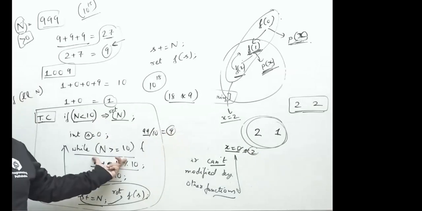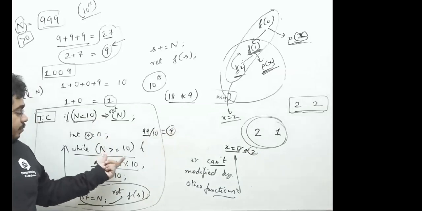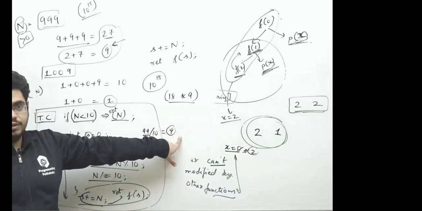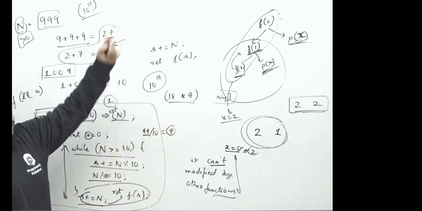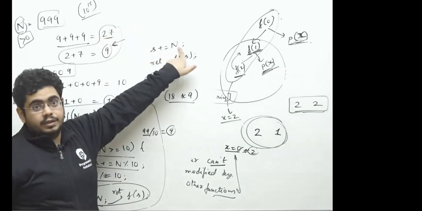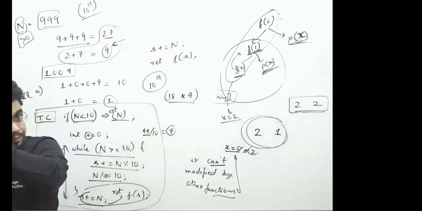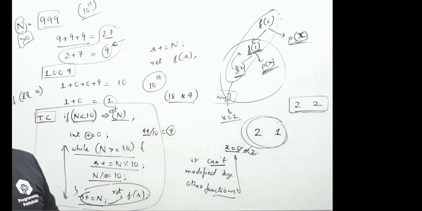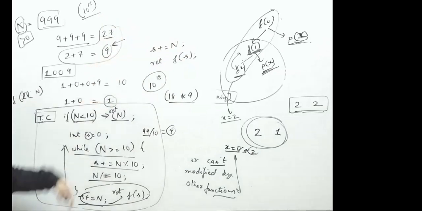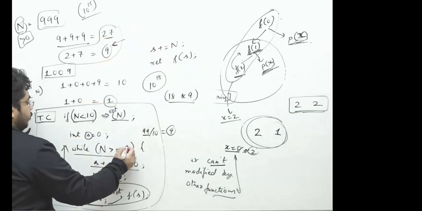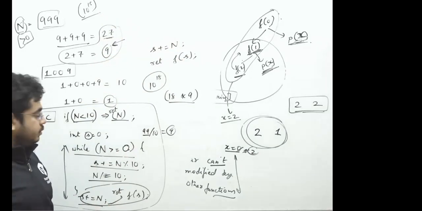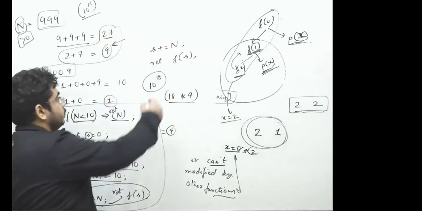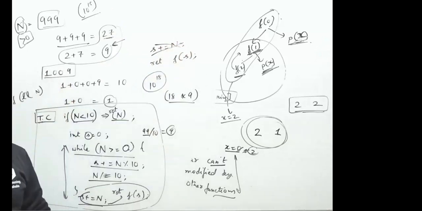It will stop as soon as my number becomes smaller than 10. That is, it will stop at 9. So this last digit would not have been added. That is what I'm doing here by adding it. Is that okay? If you don't want to do that, you can simply write here n greater than equal to 0 till everything is taken, right? So in that case, you don't need to write this. Is that fine?